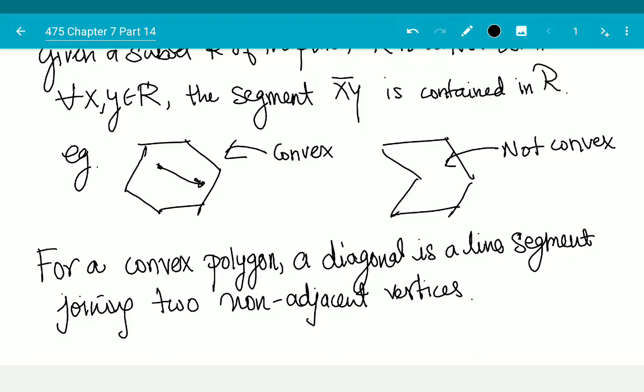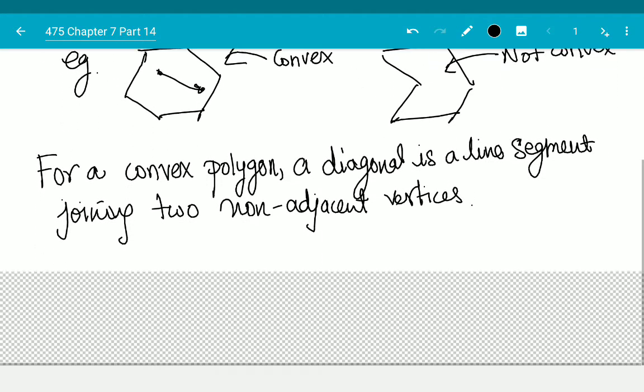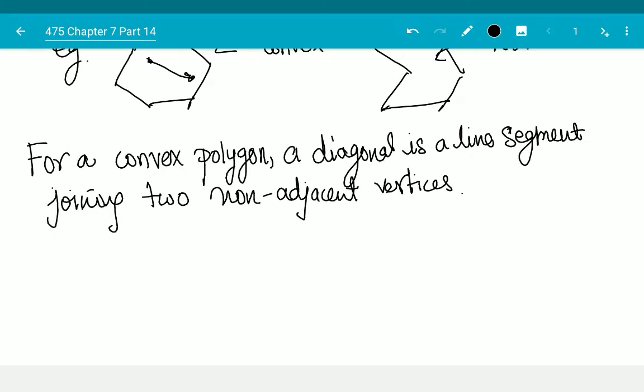So first of all, what is a polygon? A polygon is a shape where every side is a straight edge. For example, a pentagon or a hexagon or a septagon, dodecagon, all of these things are polygons. And a convex polygon, we know what a convex shape is, so it's a polygon which is convex.